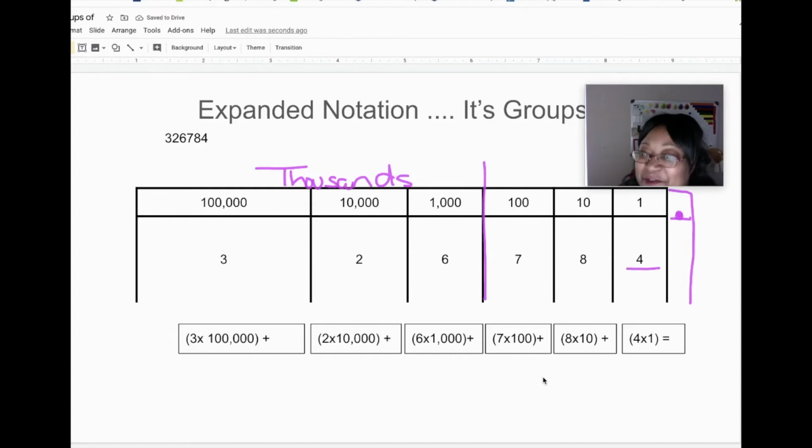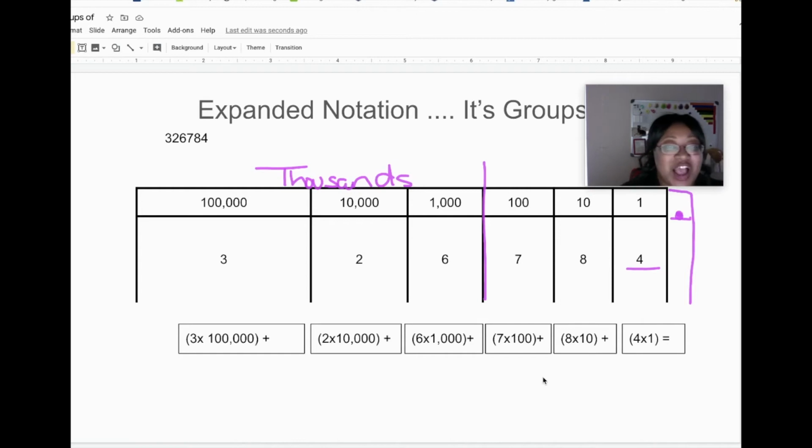And that is how you write expanded notation. You put your parentheses. Then you get it set up with the groups of symbol. So it's 3 groups of 100,000 plus 2 groups of 10,000 plus 6 groups of 1,000 plus 7 groups of 100 plus 8 groups of 10 plus 4 groups of 1.